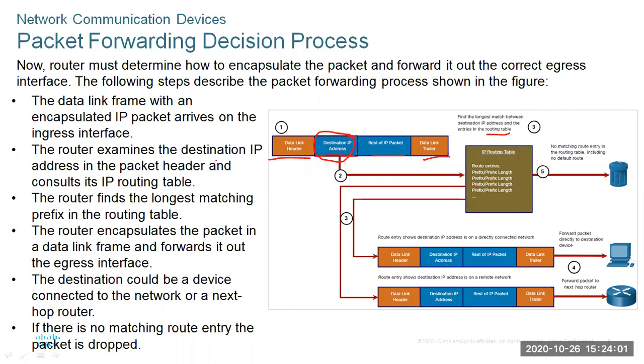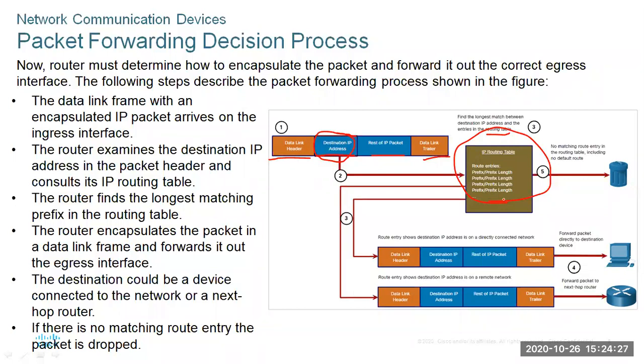So the router examines the destination IP address in the packet header and consults the IP routing table, as we can see here. Okay, so the router finds the longest matching prefix in the routing table. The router encapsulates the packet in a data link frame and forwards it out the egress interface. So the destination could be a device connected to the network or the next hop router.